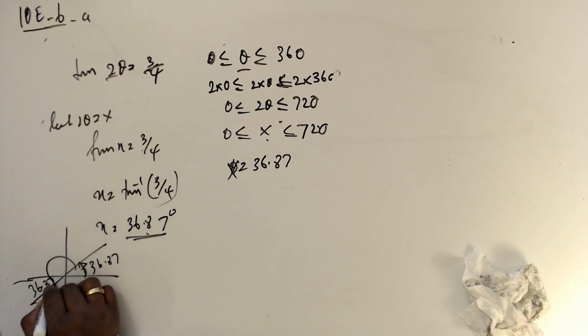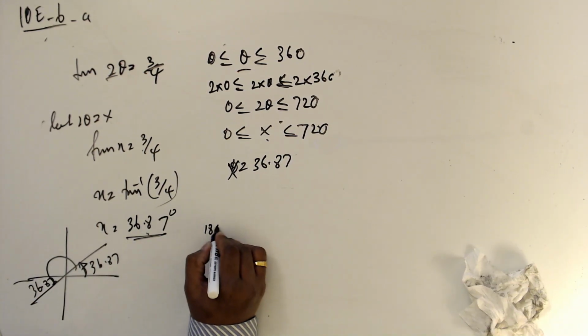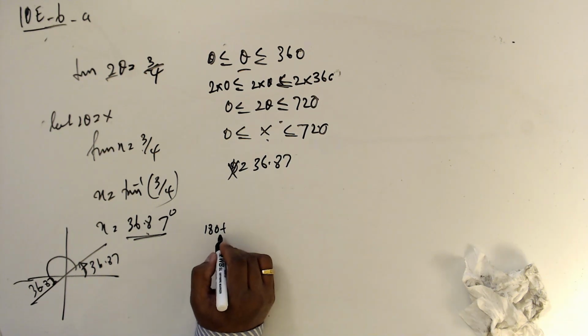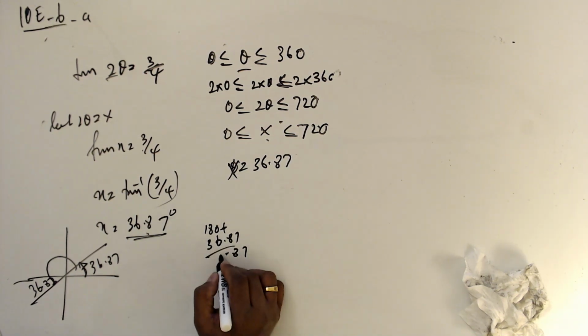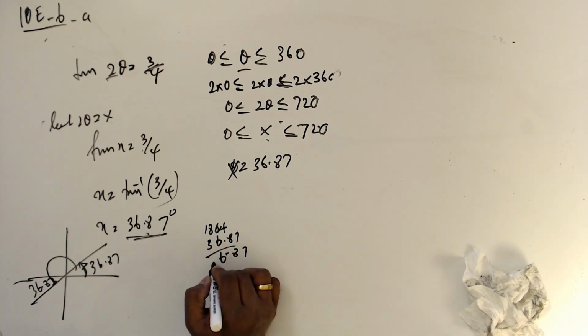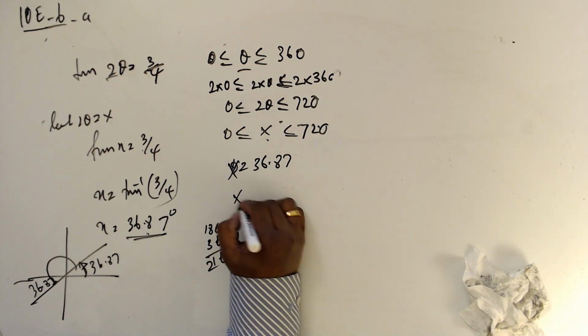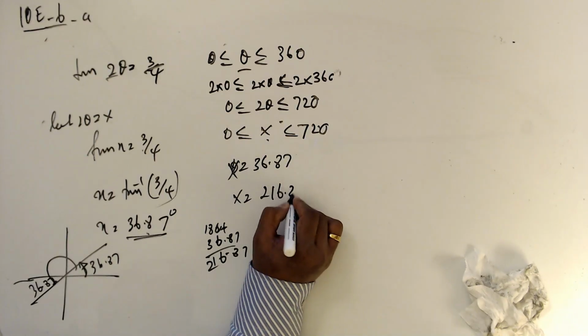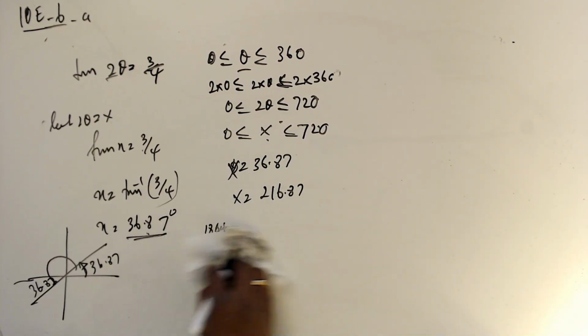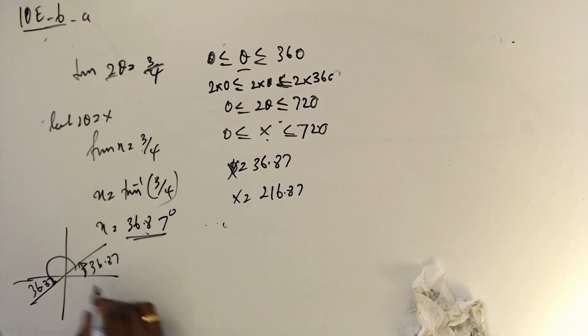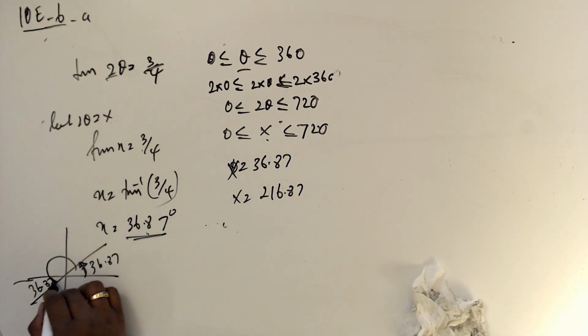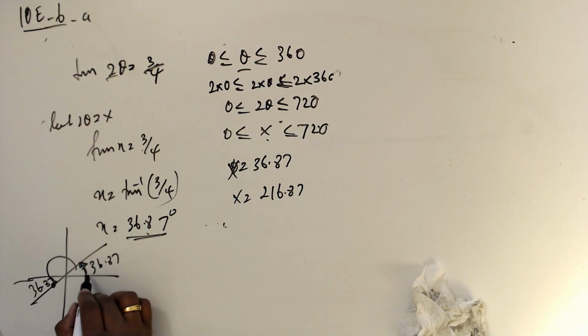And the second angle is 180 plus 36.87. So that is 216.87, that is also within the range. Then first one is done, second one is done, then the third one.